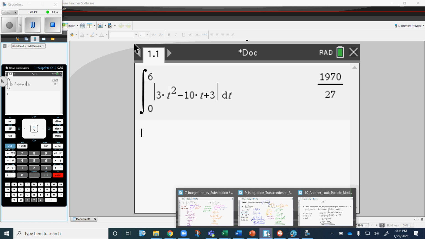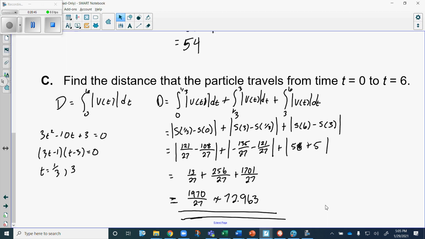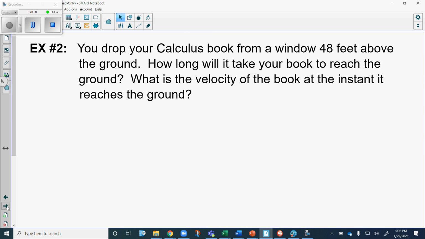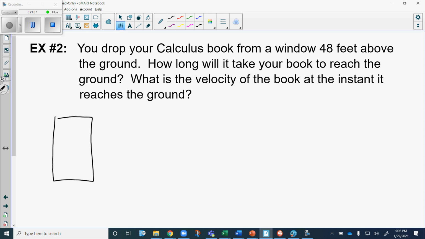So let's move on and see if that's the end of that example for the first one. Example number 2 is a pretty popular one. You drop your calculus book from a window 48 feet above the ground. So here, you're in a building, and let's say that this is the window that you're at.